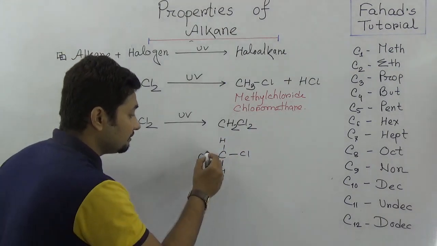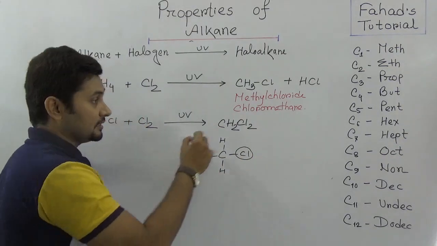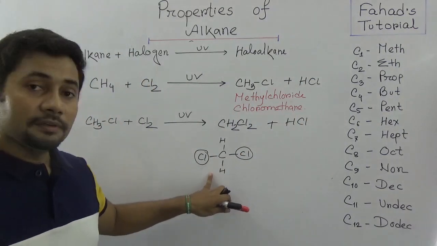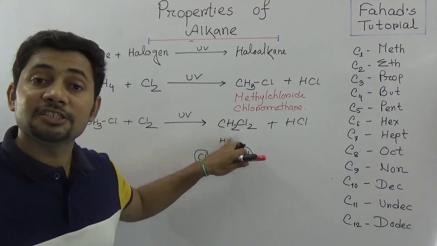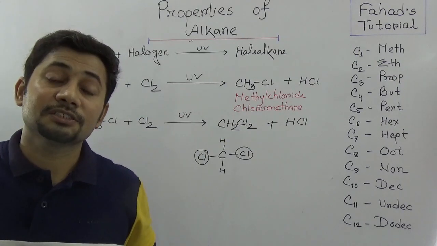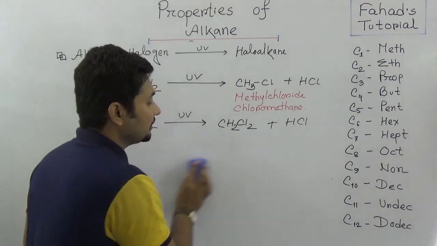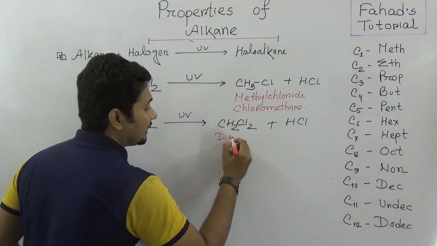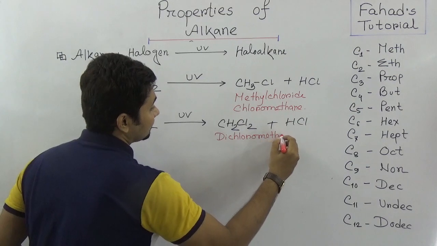Dichloro, as there are 2 chlorine attached, and the substituted hydrogen comes out as HCl. So this CH2Cl2 is called dichloromethane.